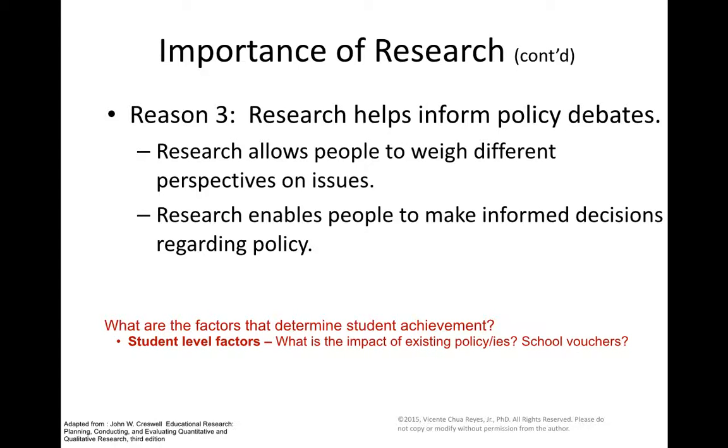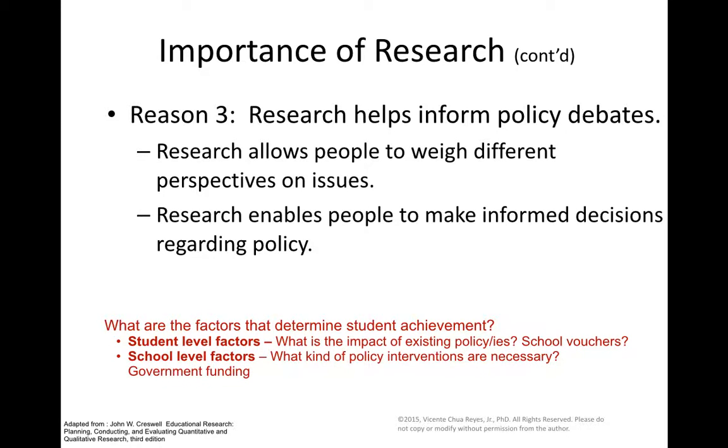Parents are provided vouchers, notes that allow parents to choose where they would bring their kids to school. Not necessarily the schools that are nearest to them, but the schools of their choice. How do these impact policy debates in relation to student achievement?